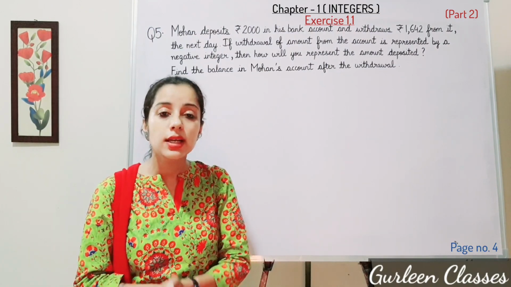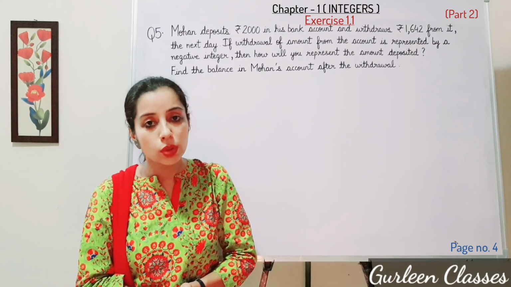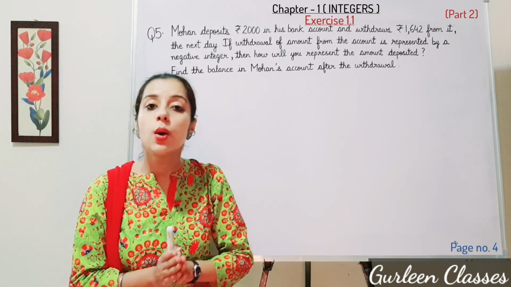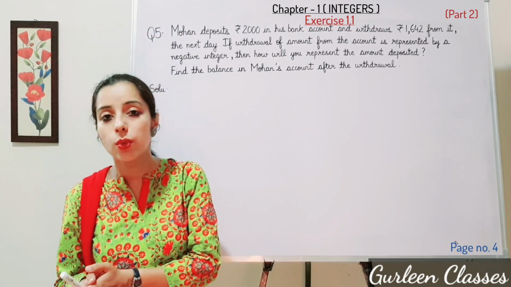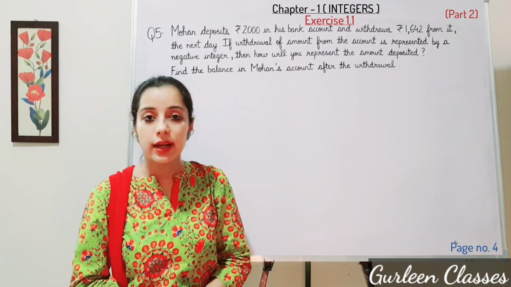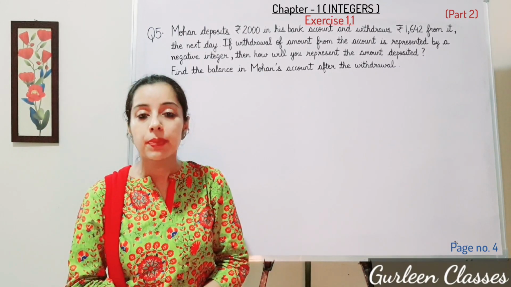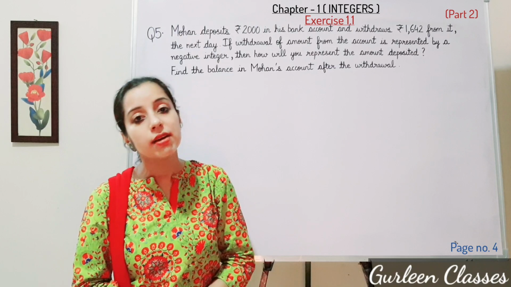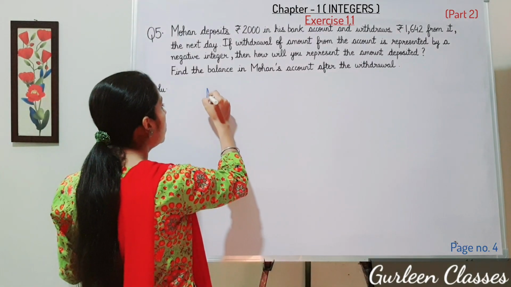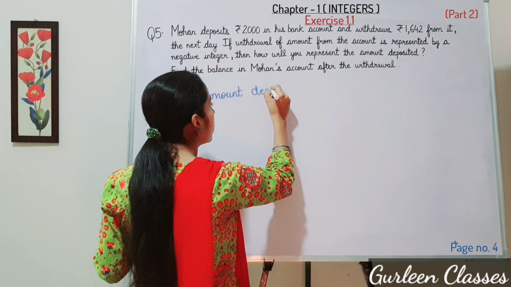So students, first thing, how much amount is deposited? That is rupees 2000. Then how much amount is withdrawn? That is rupees 1642. Let me give you all one example. If you have rupees 100, out of that rupees 100, if you spend rupees 50, how much will be left? Rupees 50. Similarly here, first step you write amount deposited.